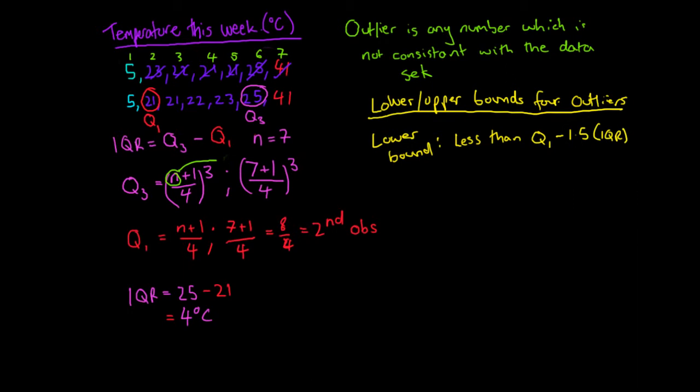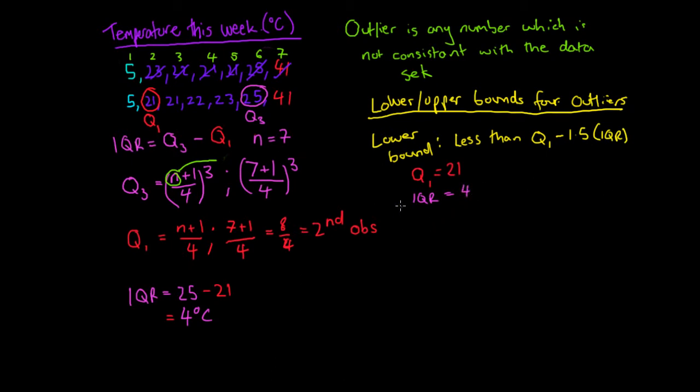So we can work this out. We can say that our first quartile was equal to 21 and our IQR was equal to 4 degrees.